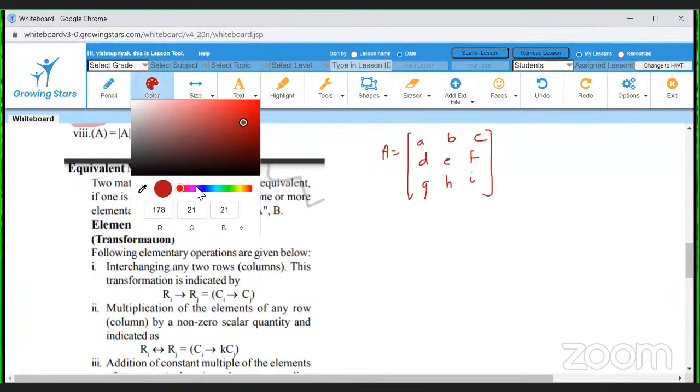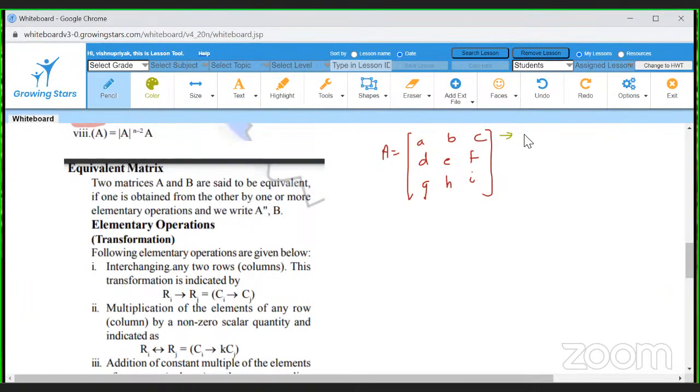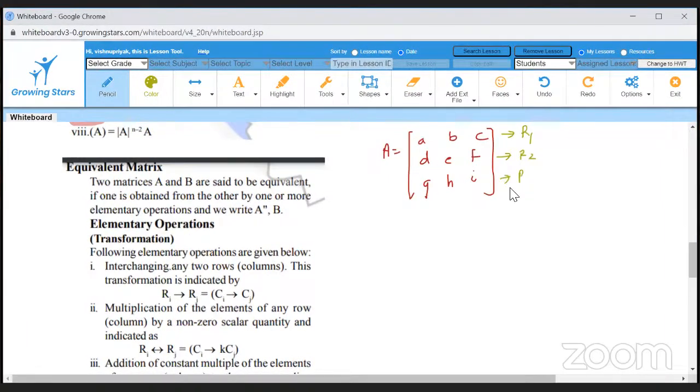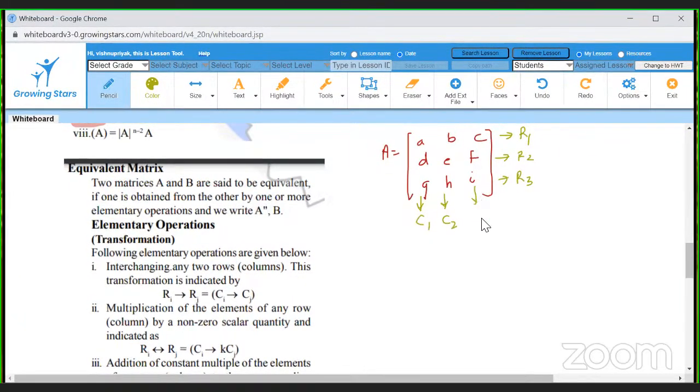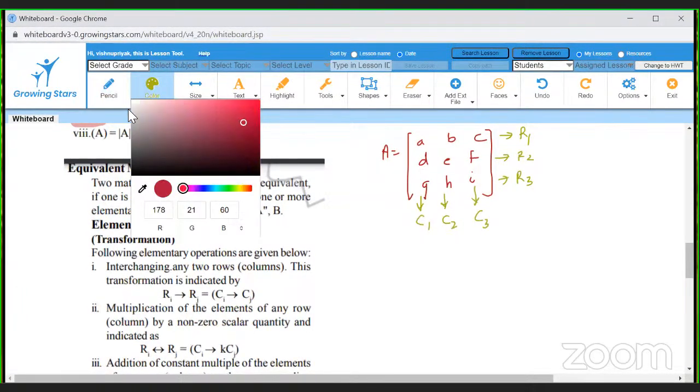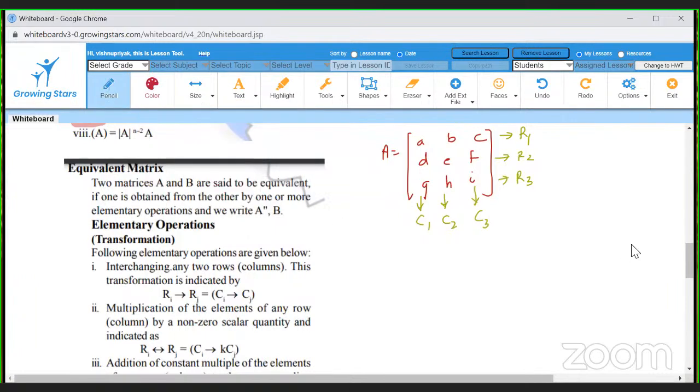In matrix A, this is row 1, this is row 2, this is row 3. This is column 1, this is column 2, this is column 3. Now I will perform some operations on this matrix or determinant, whatever you want to call it.